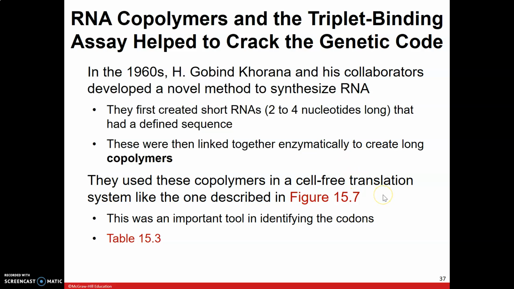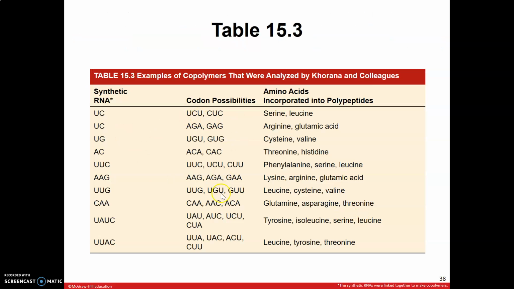And they did a similar experiment where they were able to identify each codon that associated with a given amino acid. So UC, UCU, CUC, sorry. Here, these both have the UC. Here, it's in the beginning for serine, and then UC for leucine, UC for arginine and glutamic acid, and so forth.